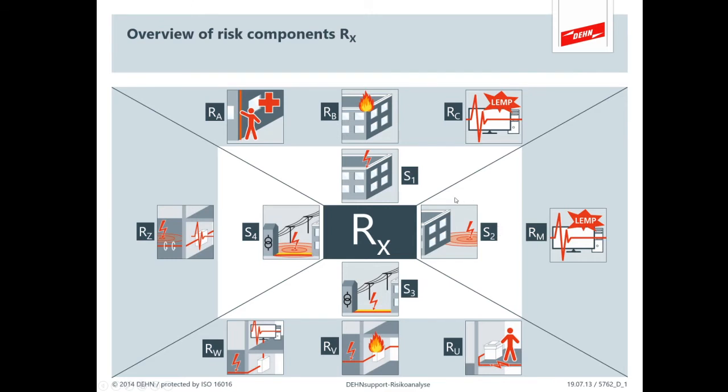Source number 2 means that the lightning strikes near the structure. And source 3, the lightning strikes the incoming line, and we speak here about RU, RV, and RW as risk components. And lastly, we have source number 4, when the lightning strikes near the incoming line. In this case, we can speak about the risk component RZ. So these are our risk components.